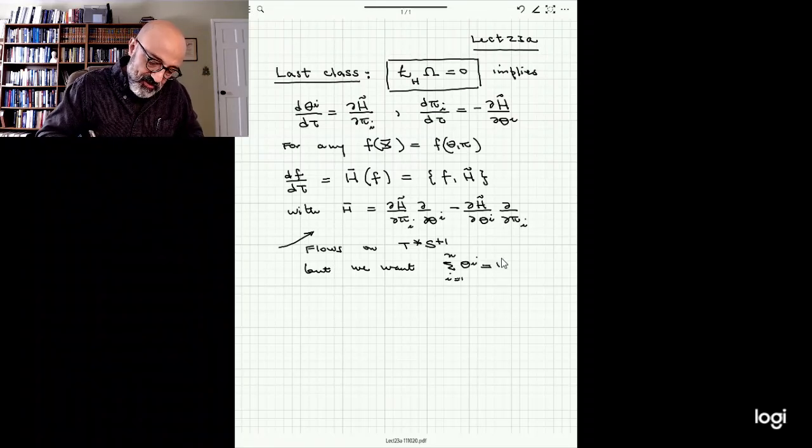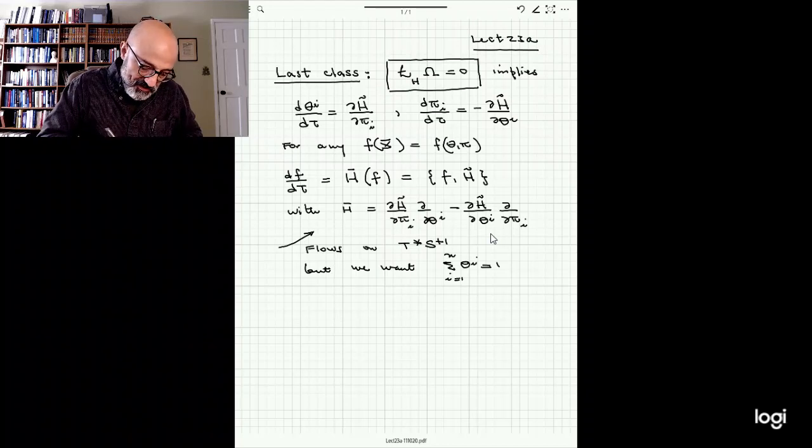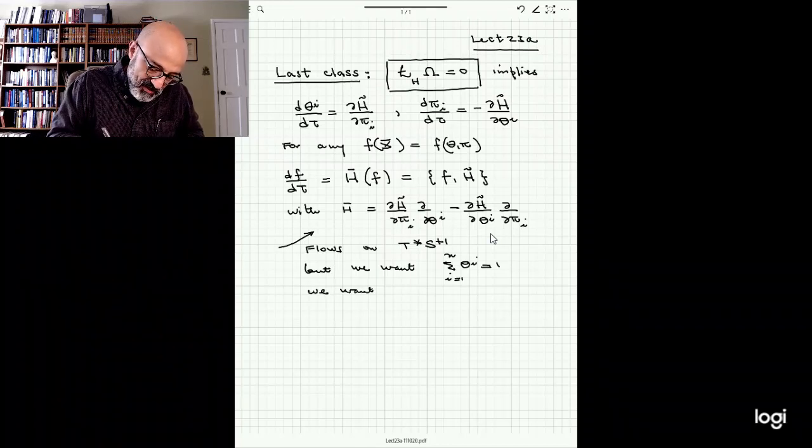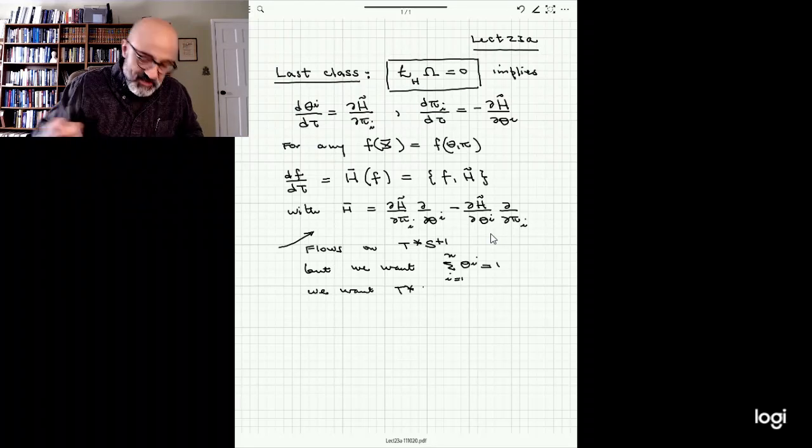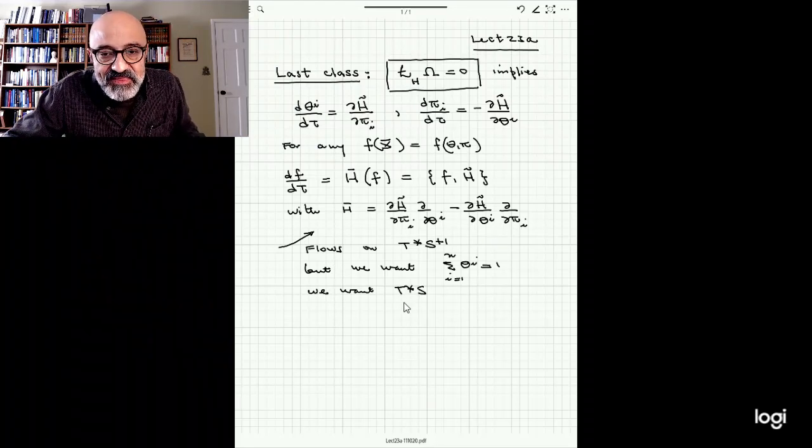The sum equals 1. In other words, we want to deal with the cotangent bundle associated to the simplex of normalized probabilities.